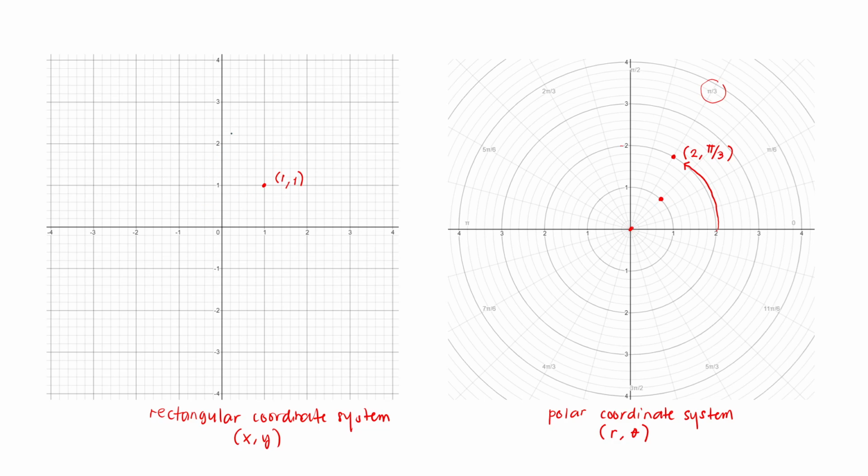So let's try to find another point that can represent it. Let's say 3 at a 90 degree angle. On the rectangular system, this point is 0 and 3: 0 displacement in the x-axis, and 3 units displacement in the positive y-axis. In the polar system, this is the same point coming from the rectangular system. So instead of 0, 3, we now represent this as 3 and then pi over 2.